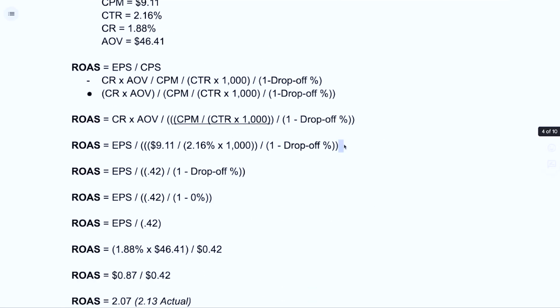This is just to demonstrate the logic behind it, so that when you understand the fundamentals, the core principles behind it, when the ROAS calculator spits out, okay, you need to work on your add to cart rate, you understand why on your own.